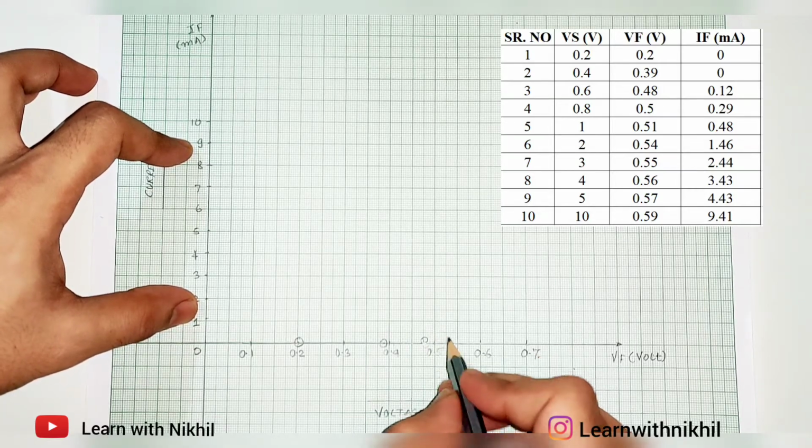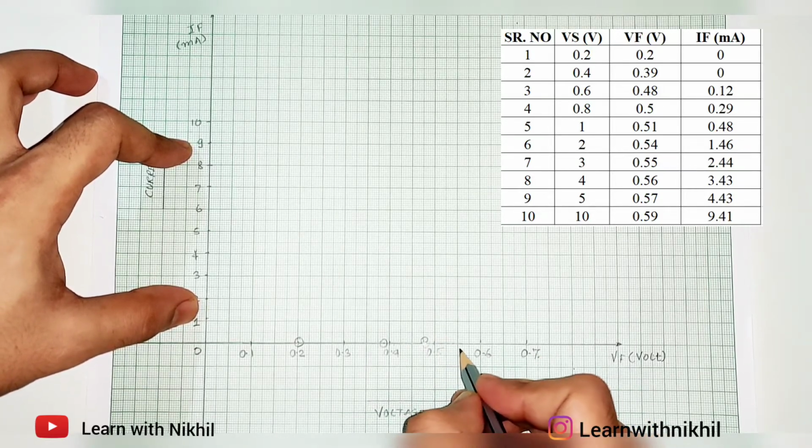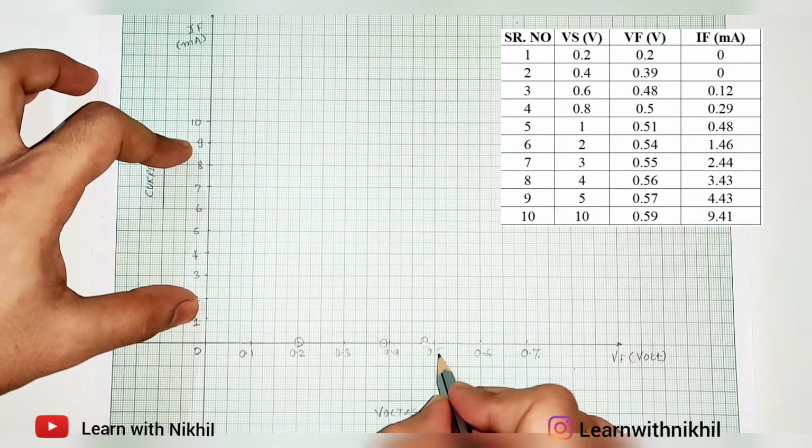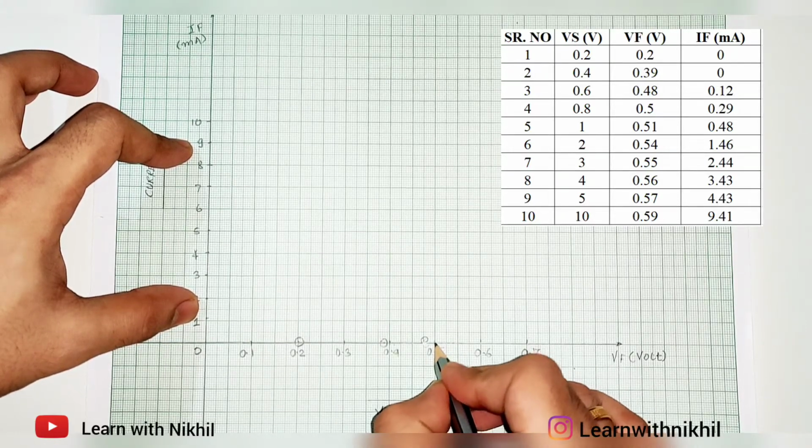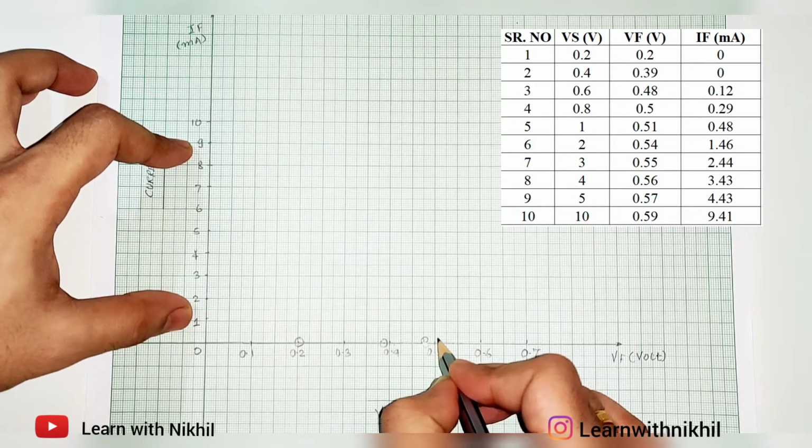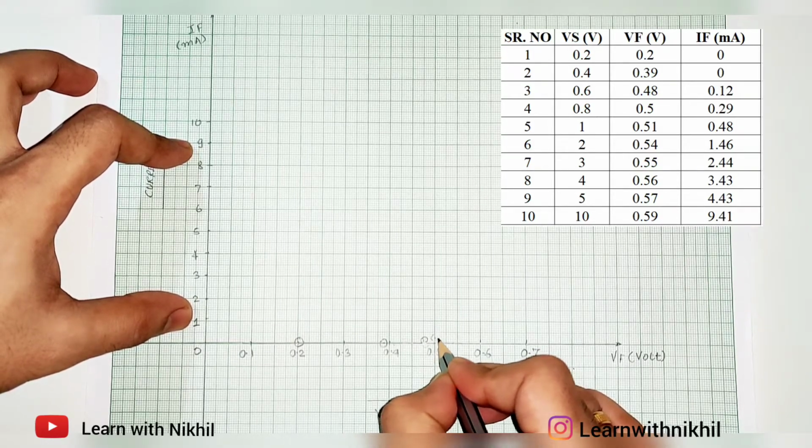Here will be the point. Next is 0.5 volts and current is 0.29, so it will be here.